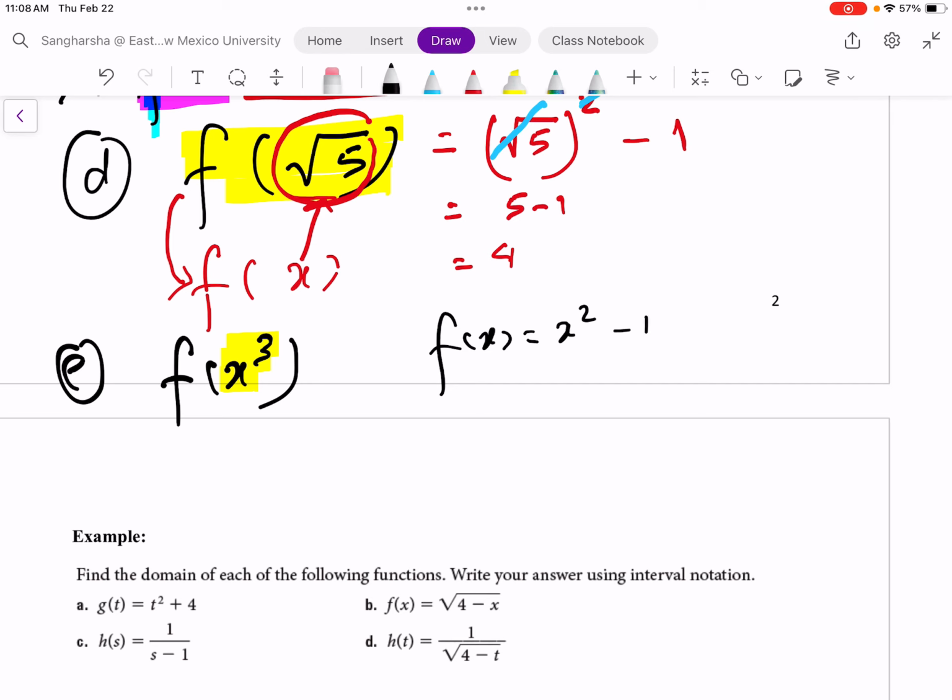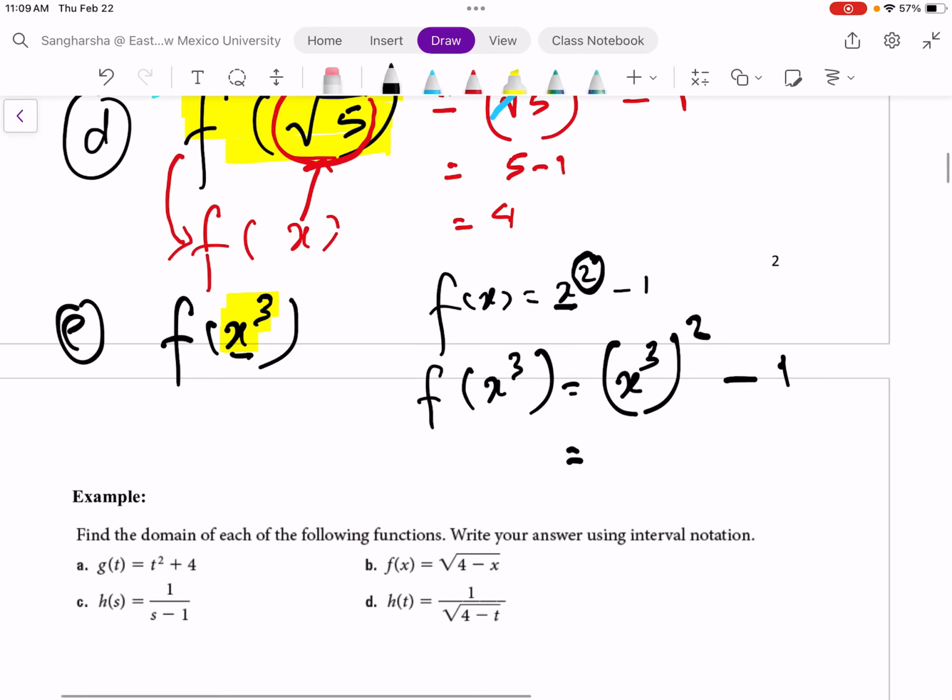So we have f as it is. For x, you're going to substitute your input x cubed, so we have x cubed squared minus 1.